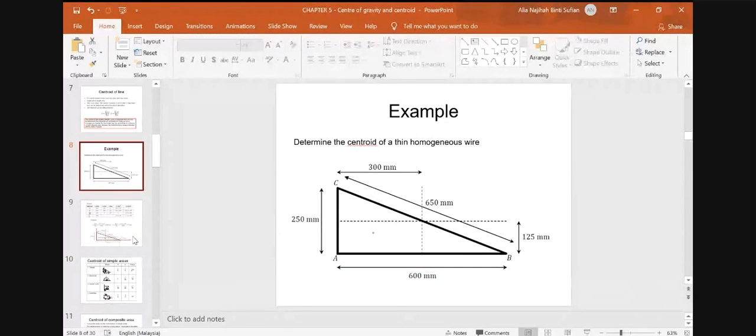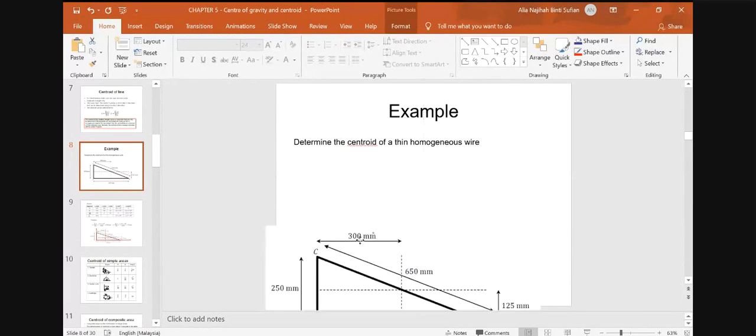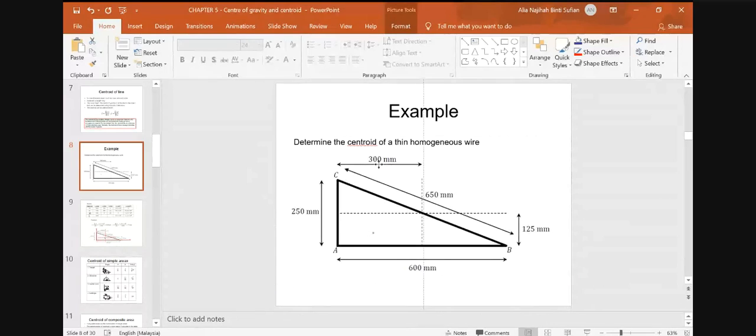Prof, why shall the CB not be 650 divided by 2? Why take 300? Oh, the 300 is not for the CB. The 300 here is for the centroid for AB. The X bar, for AB, is 300.